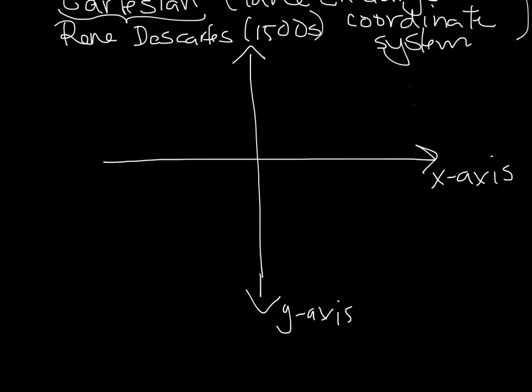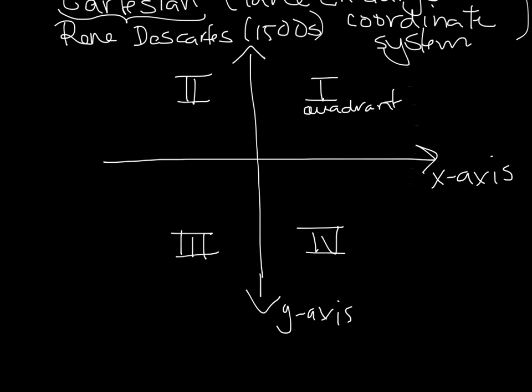Notice it's divided into 4 quadrants. So we just label them 1, 2, 3, and 4. Notice they go counterclockwise. These are called quadrants because the word quad means 4.